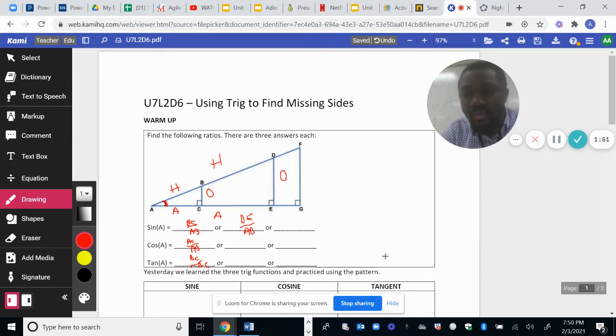The cosine of A is adjacent over hypotenuse, that's AE over AD, and the tangent of angle A is opposite DE over adjacent AE.